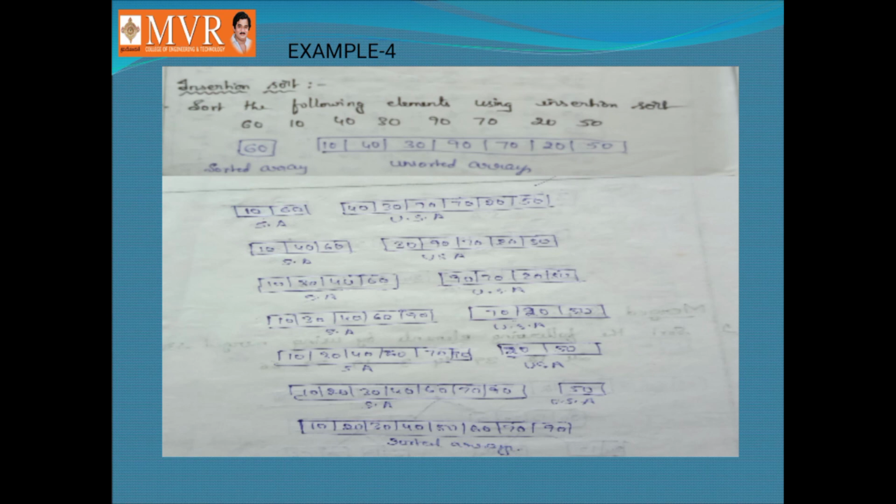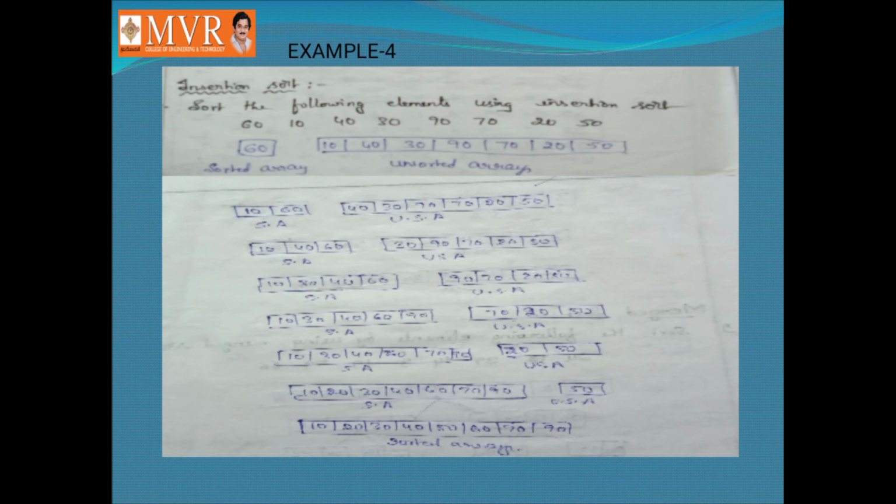At the last, you will be taking the last element from the unsorted array. What is my element at the last position? It is 50. Take the element 50 and compare this element with all the elements in the sorted array, that is with 10, 20, 30, 40 and 60.